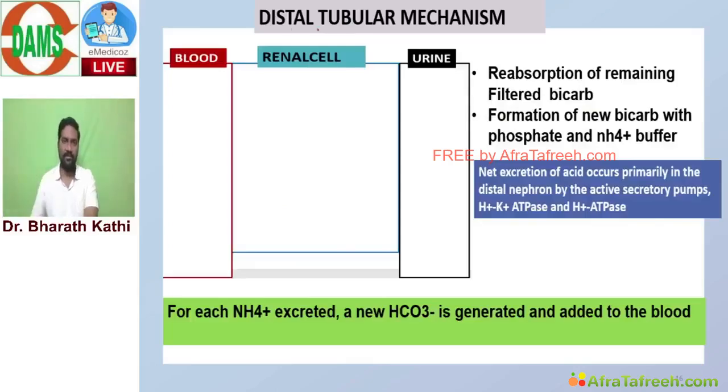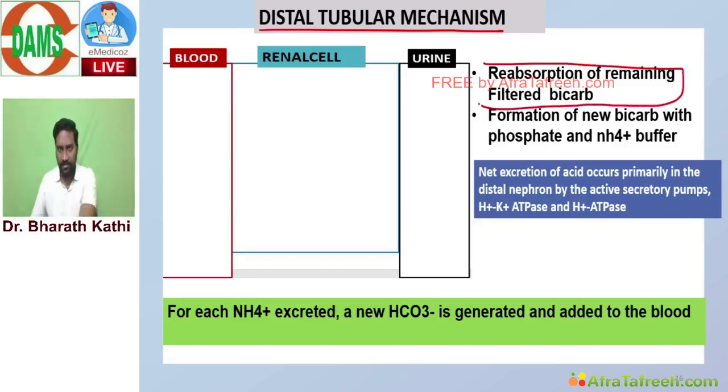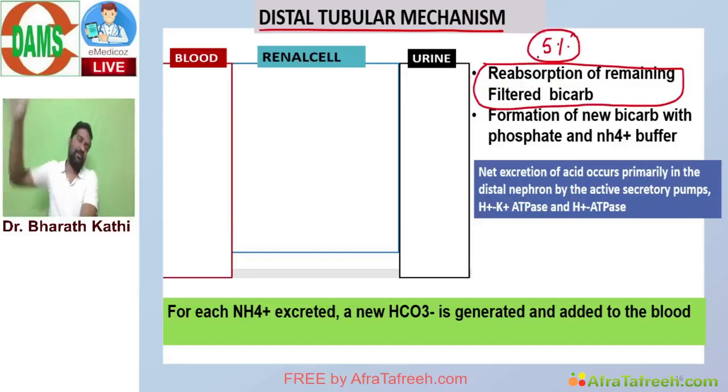Coming to the distal tubular mechanism, in the distal tubules, the most important will be the collecting duct, where acidification of urine happens. Apart from this, what are the other functions? Reabsorption of the remaining filtered bicarbonate. We have discussed that in the distal tubule about 5% of filtered bicarbonate can be reabsorbed, with the same mechanism that we discussed in the proximal convoluted tubule.